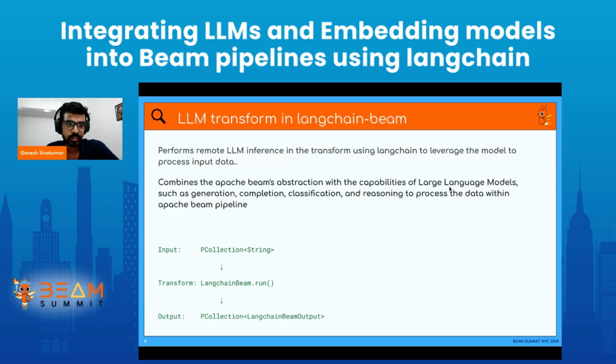So it takes an input PCollection of elements, and then the transform uses the model to process the data, and then outputs the Langchain output PCollection, which wraps the model's output and the input element that was processed.